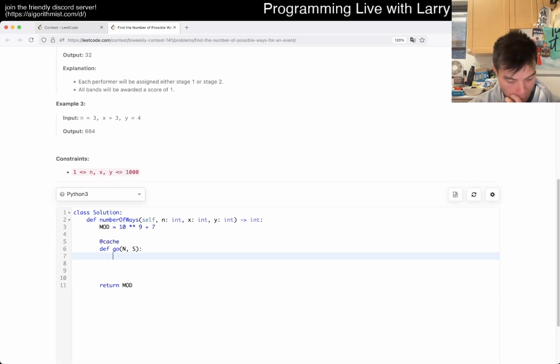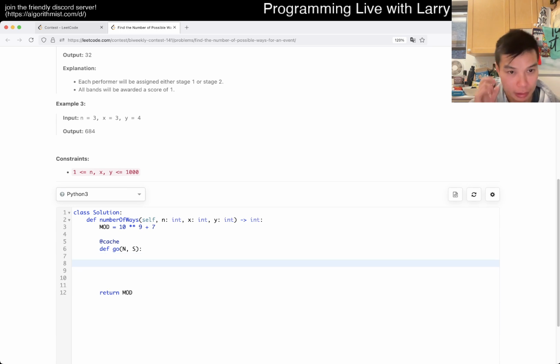So tick, no tick. Okay. So tick is going to be, so this stage takes a person. So it's going to be n-1, s-1, times y, because we took a person, but we have to add a boolean thing of just used.